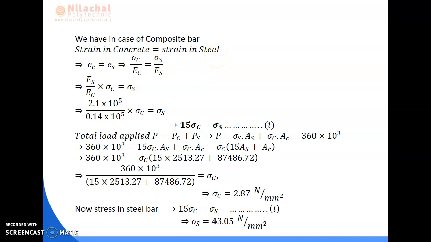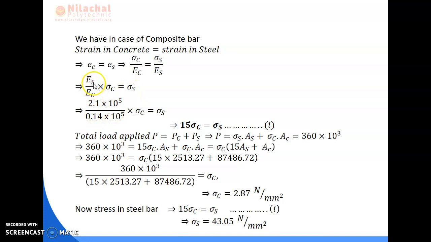We can call it that epsilon C is equal to epsilon S. Now strain epsilon C is equal to sigma C by EC, equal to sigma S by ES. From cross multiplication we get ES by EC into sigma C is equal to sigma S.